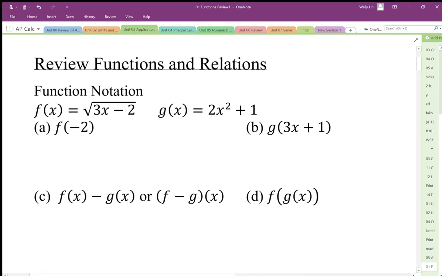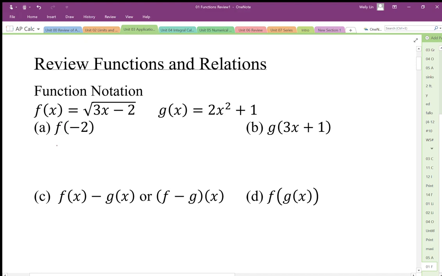So the function notation, when we have f of some expression here, we first of all define our f function. Okay, so here's our f function defined. Here's our g function defined. And depending on the function that we're using, we're just going to embed the variable or the number in for where the x is.